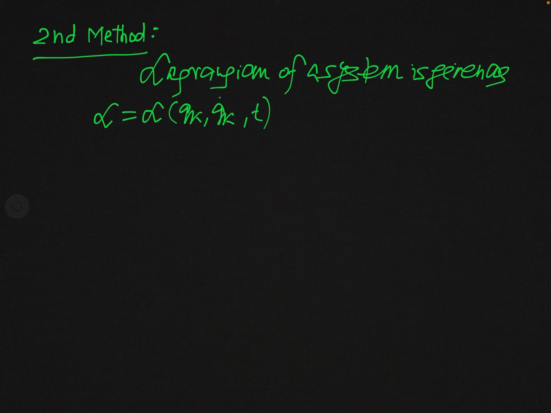Now if this L is not an explicit function of t, or in other words, if L does not depend on t explicitly, then actually L will be a function of only qk and qk dot.